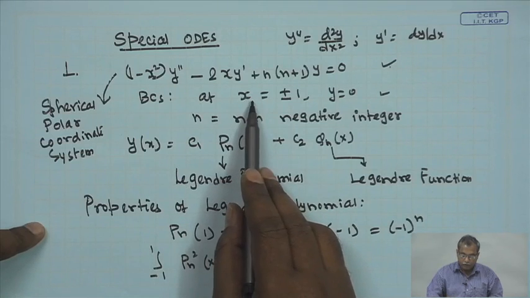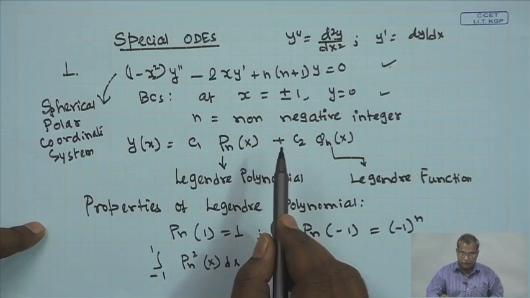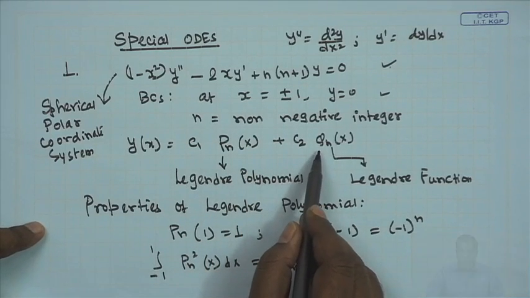Since the domain of x varies from minus 1 to plus 1 and at the boundaries Qn is unbounded, this physically implies that the associated constant must be zero, because we are going for a bounded solution. If one part of the solution goes unbounded at a particular boundary, then the whole solution becomes unbounded. Therefore, the associated constant must be equal to 0.